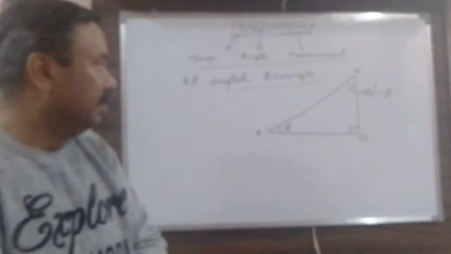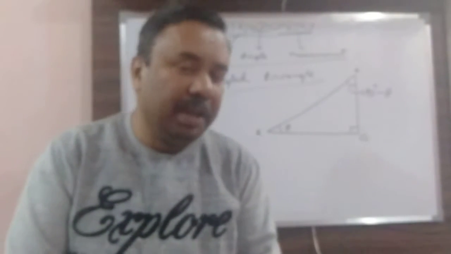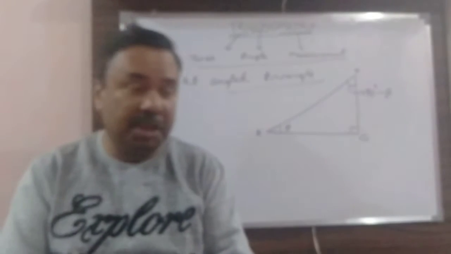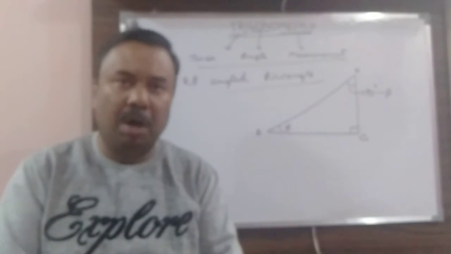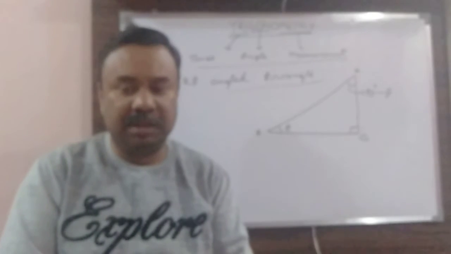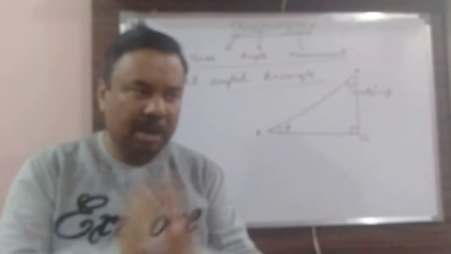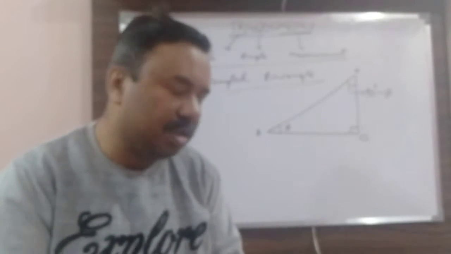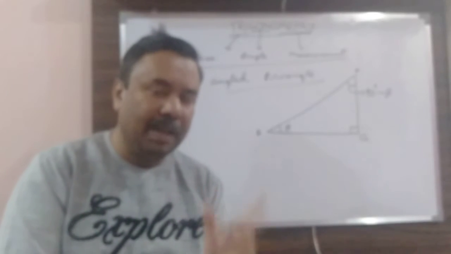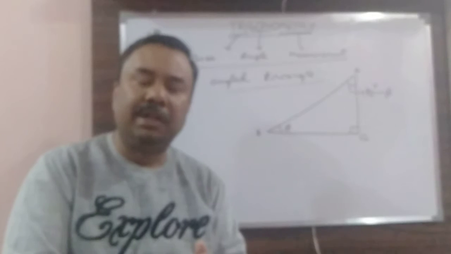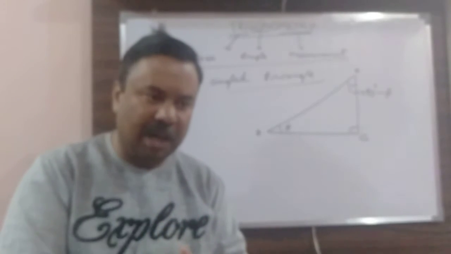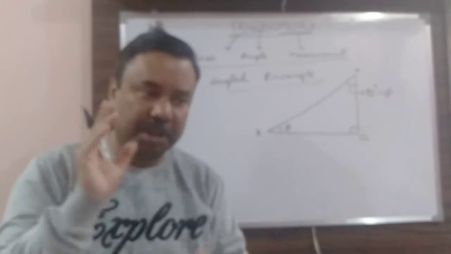Now, what is associated with trigonometry is the ratios, because you know, for all similar triangles, first condition, all the corresponding angles are equal. And the second condition for similarity is that all the corresponding sides are in the same proportion.